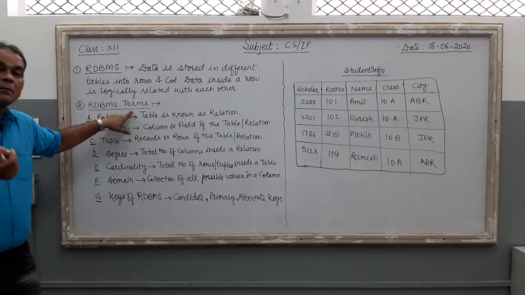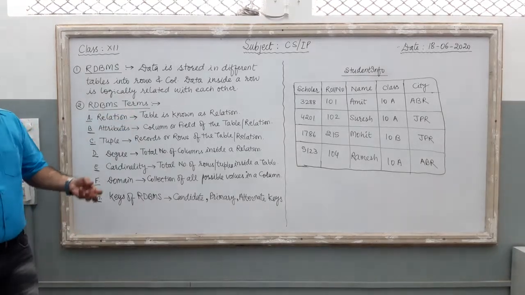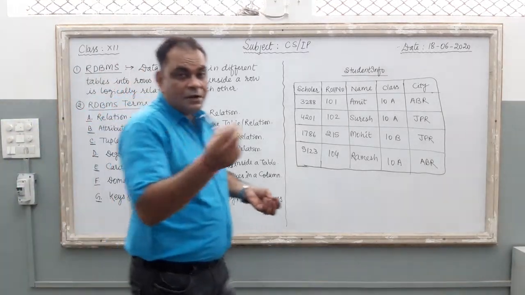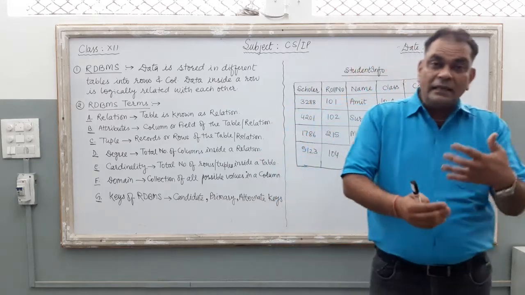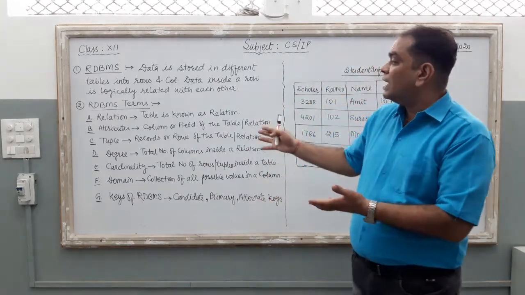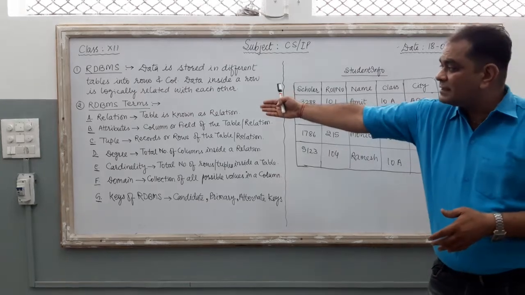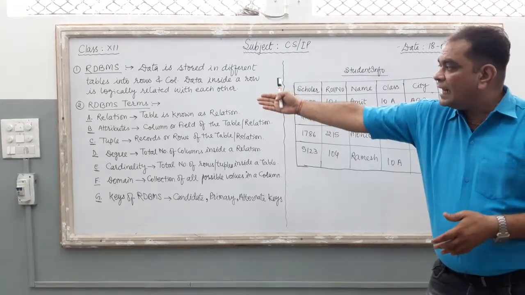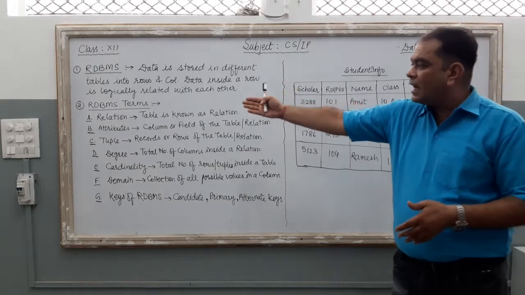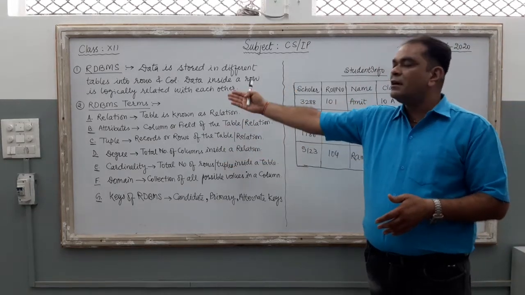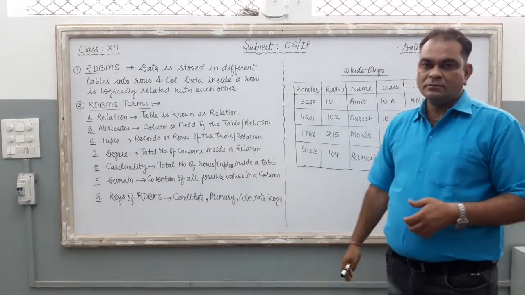Terms means some technical names, some technical words in a relational database management system, and in this class we are going to learn and understand these different terms, right? So just see on the board the RDBMS terms, and there are 8 different terms on the board. Clear?